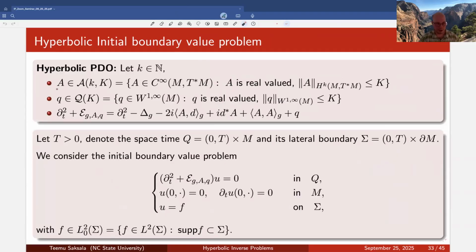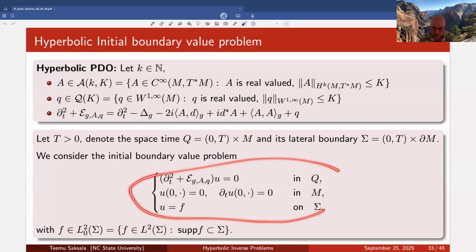Let me just recall, a magnetic potential A, which is smooth, but whose K Sobolev norm is bounded from above by some known constant capital K. The same for the zeroth order term, whose W^{1,∞} norm is bounded by K. Then I look at my wave equation in space-time Q, whose lateral boundary is sigma, and I consider this boundary value problem with zero initial conditions, no interior sources, and I just plug in a boundary value there.